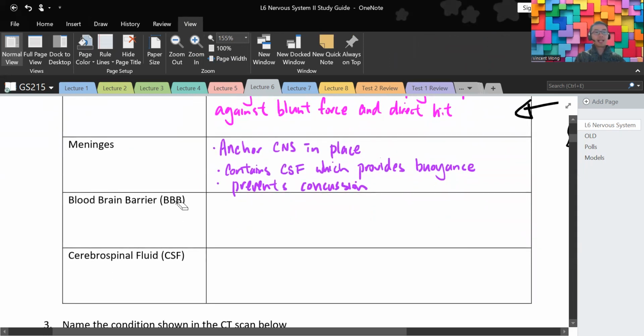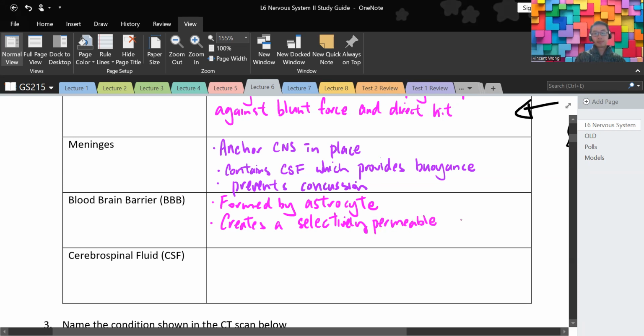All right, next we have the blood-brain barrier, or the BBB. This is formed by astrocytes. You might remember that from last week. It creates a selectively permeable barrier around the CNS.